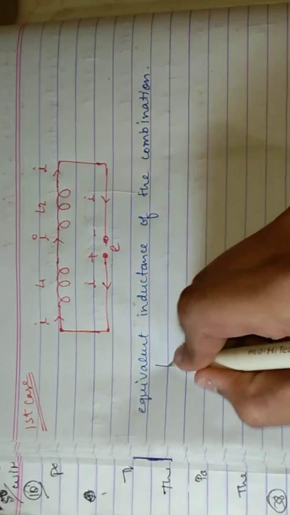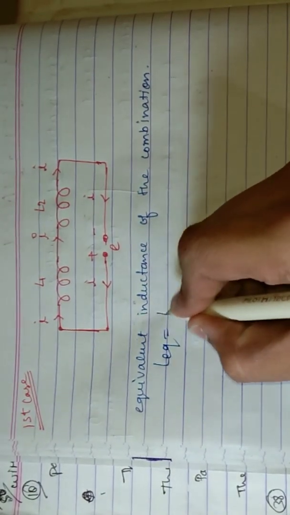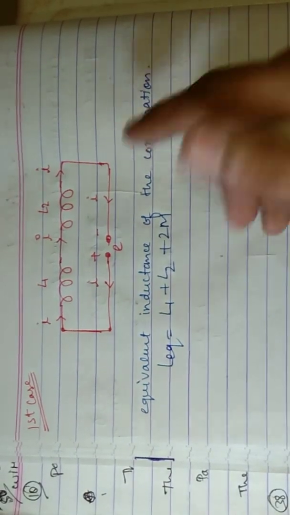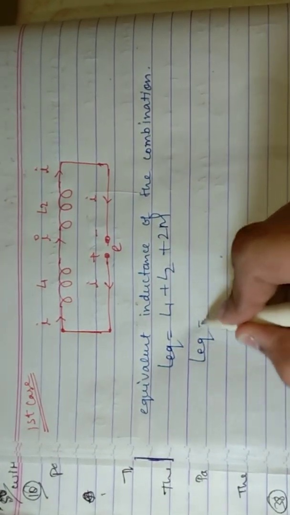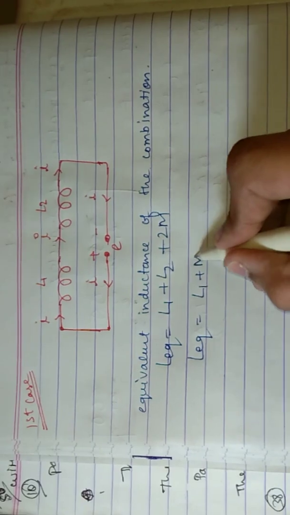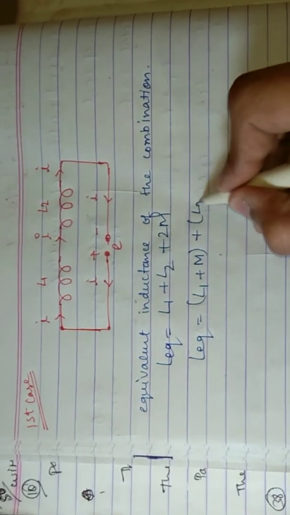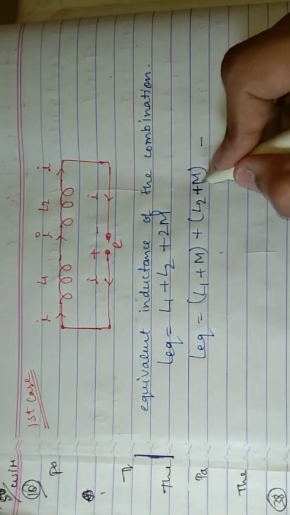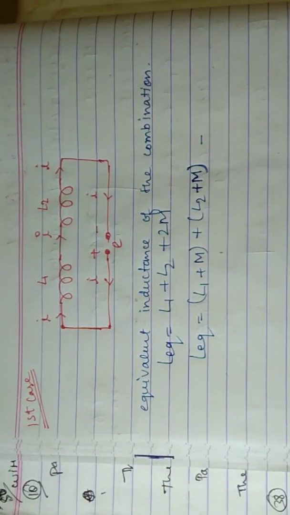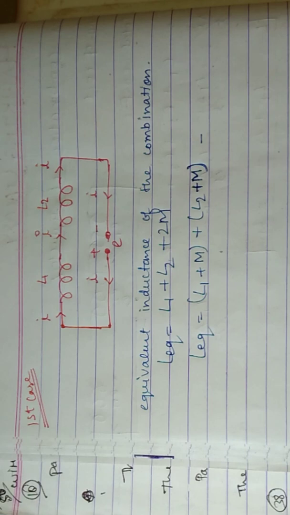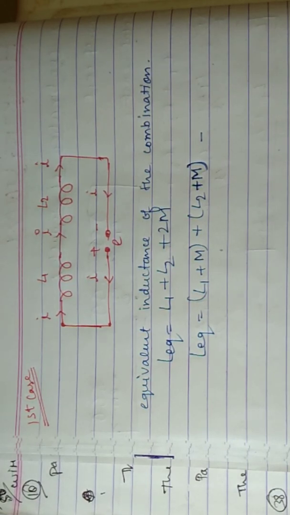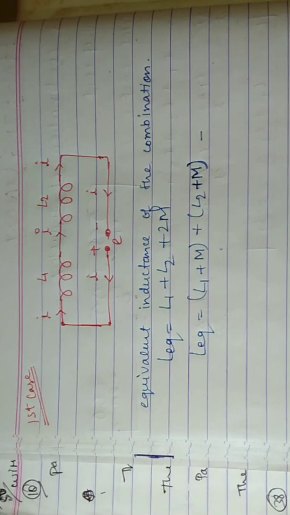L equivalent is equal to L1 plus L2 plus 2M. And you can also write it as L1 plus M, L2 plus M, because in some books it is written like this. So what is this M? This is the mutual inductance between the coils. So this can be a small tricky.